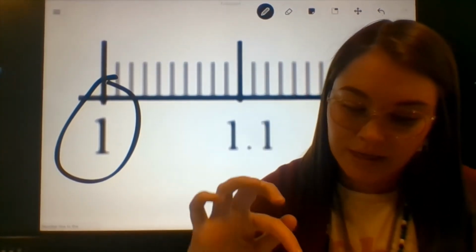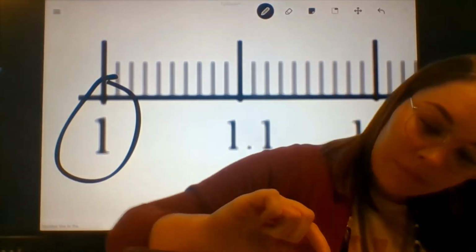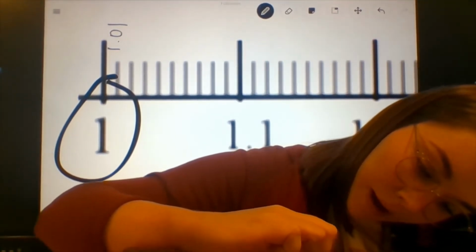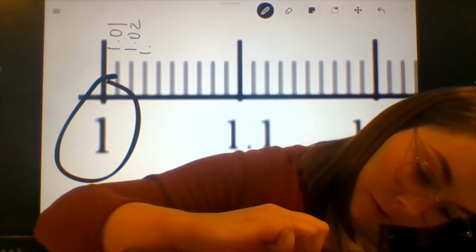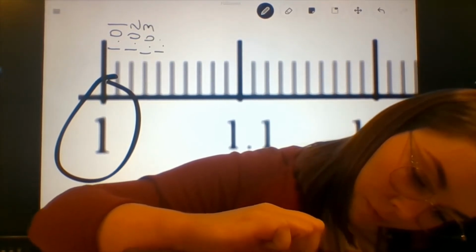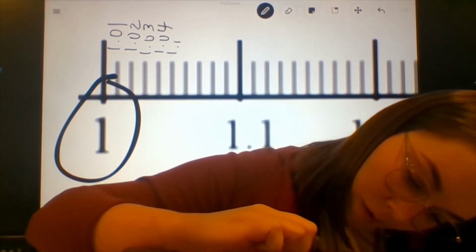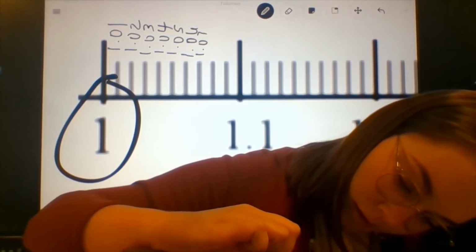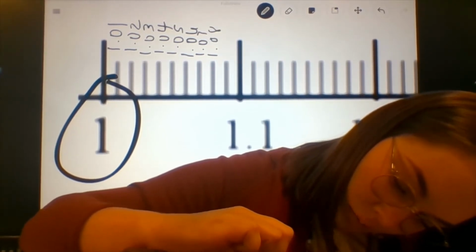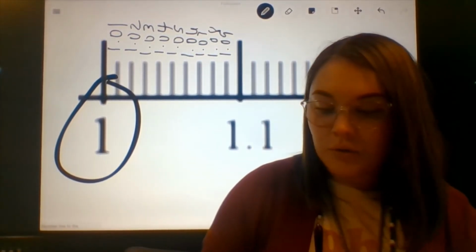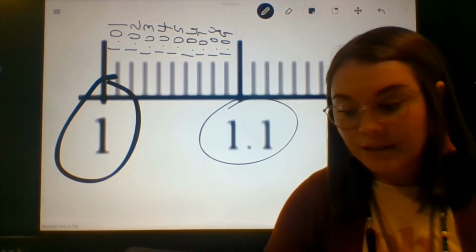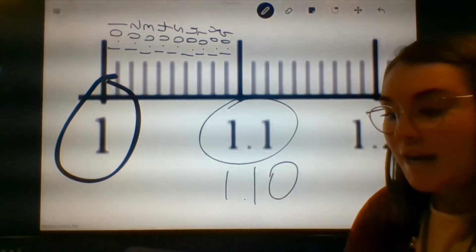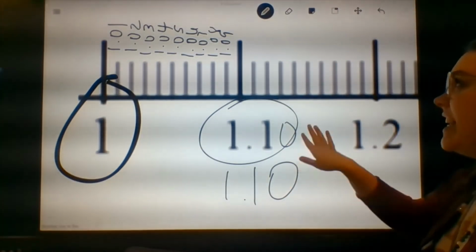So we're going to try to do it sideways, guys. 1 and 1/100, 1 and 2/100ths, 1 and 3/100ths, 1 and 4/100ths, 1 and 5/100ths, 1 and 6/100ths, 1 and 7/100ths, 1 and 8/100ths, 1 and 9/100ths, and then you get to 1 and 10/100ths, because remember I told you that you can add a 0 behind here and it doesn't change the value.